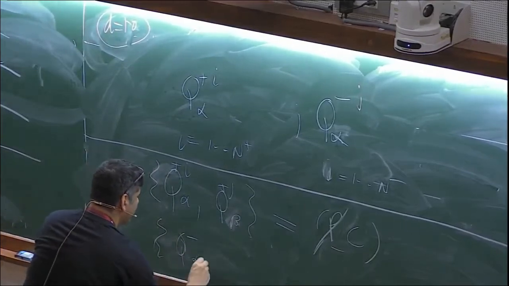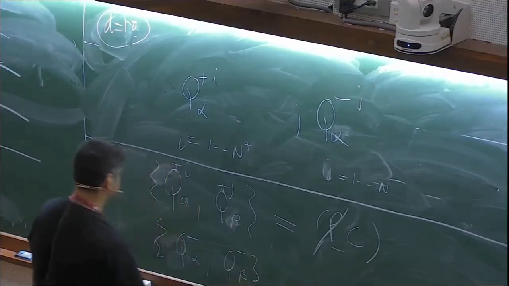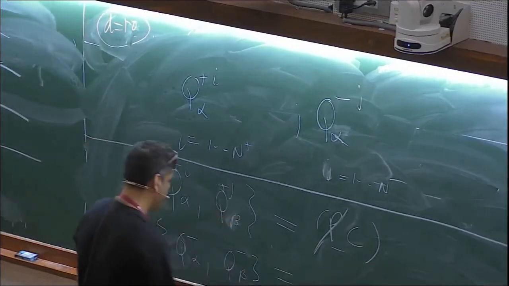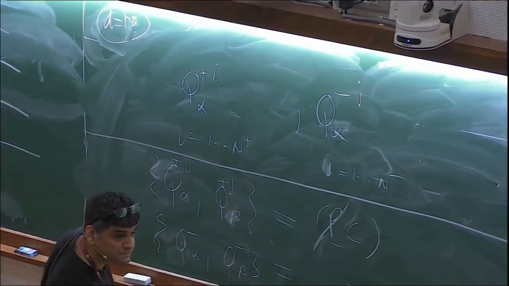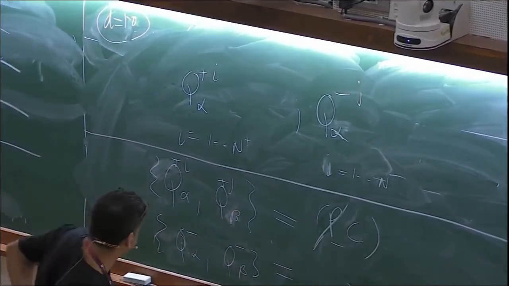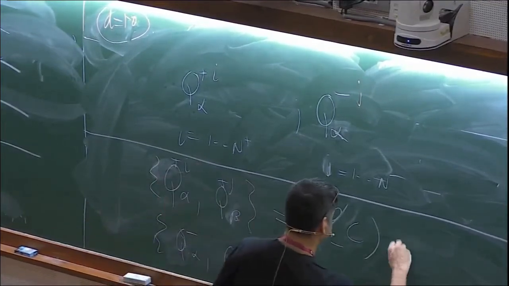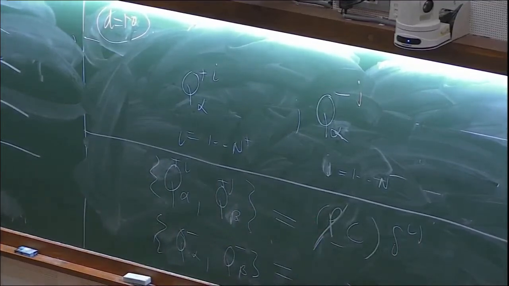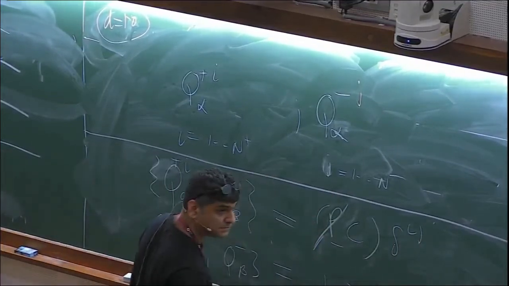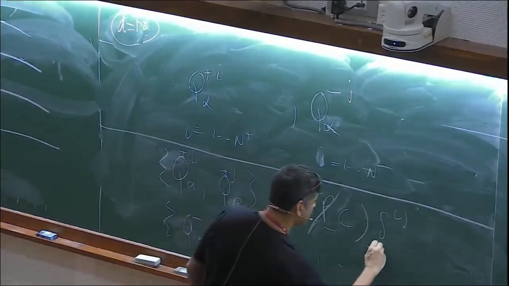Q minus alpha, Q minus beta. This quantity comes with the delta Ij, and this has an alpha beta.